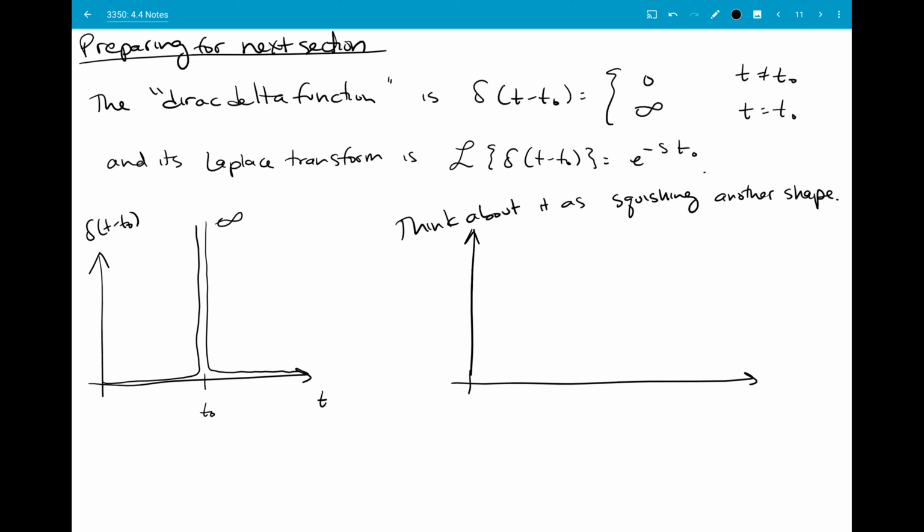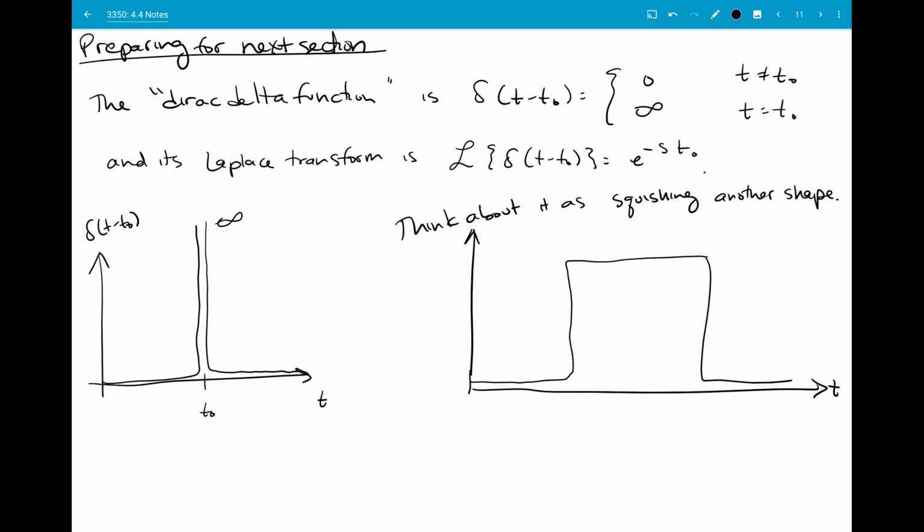So let's imagine that you had something that's more reasonable to think about. You had something that was 0, and then it was like that for a little while, and then it was 0 again. So there's our t, here's our t0.